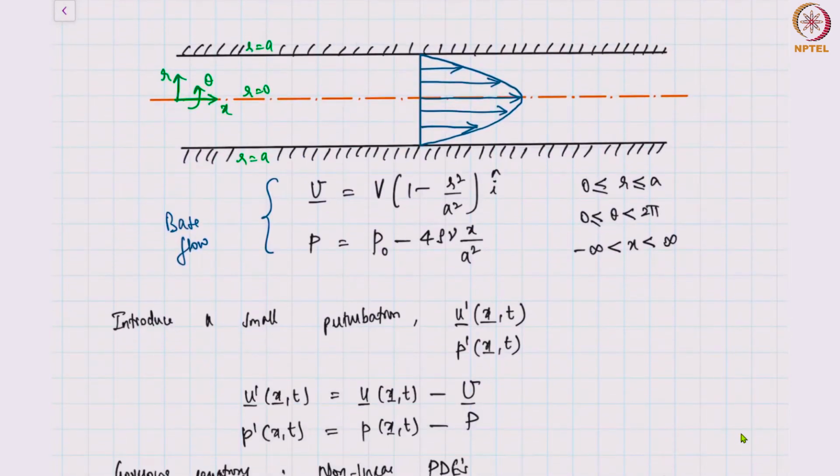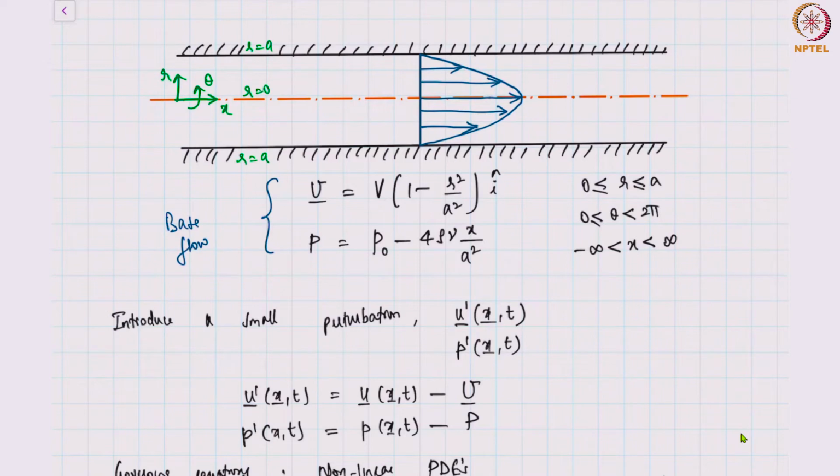If you notice here, x goes from minus infinity to infinity, so it is natural to assume that any arbitrary form of the disturbance can be written in terms of a Fourier transform. For example, if something is varying in x, I could replace it in terms of sin kx and cos kx or exponential ikx.